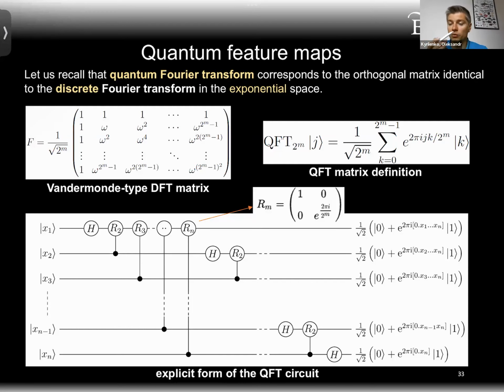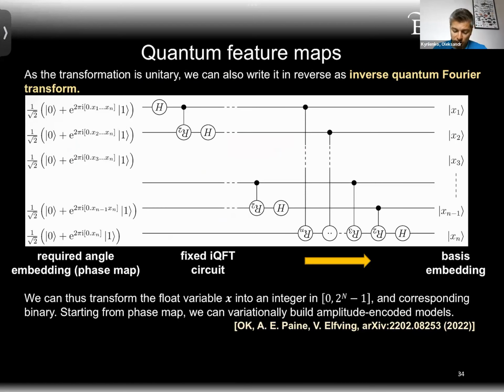We know that the quantum Fourier transform circuit explicitly can be built from Hadamards and controlled rotations, so this is independent of x. But if I go the other way around, I can start with a state that has some x information, and I can prepare the x as a bit basis.